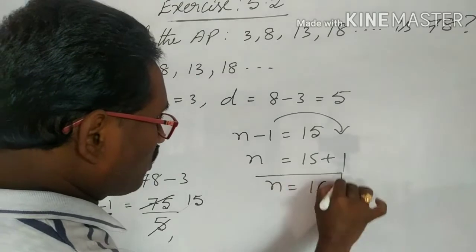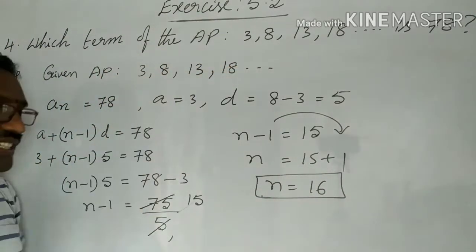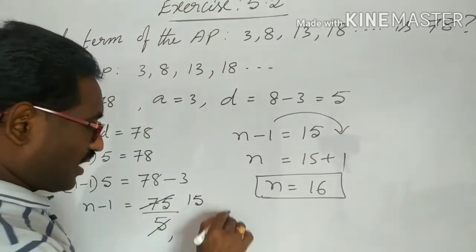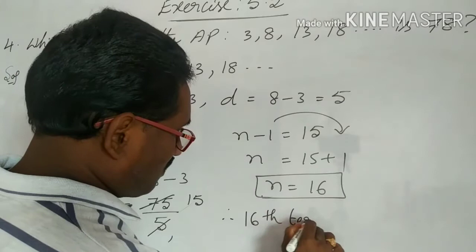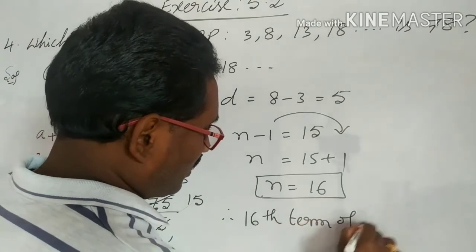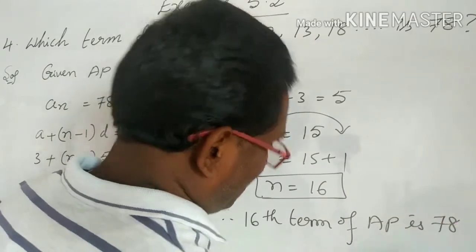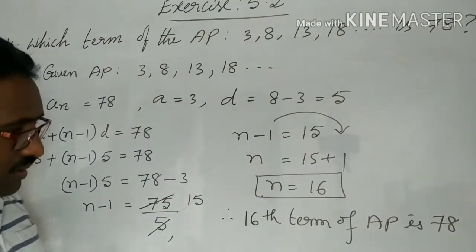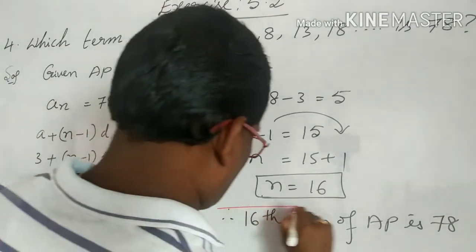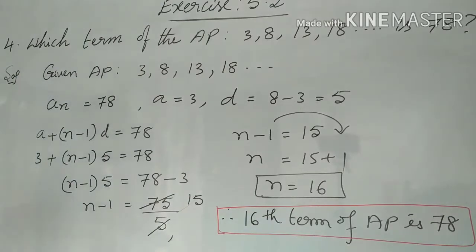N is 16. Which term of the AP is 78? The 16th term of the AP. Therefore, the 16th term of the AP is 78. That's all. Please make a note.